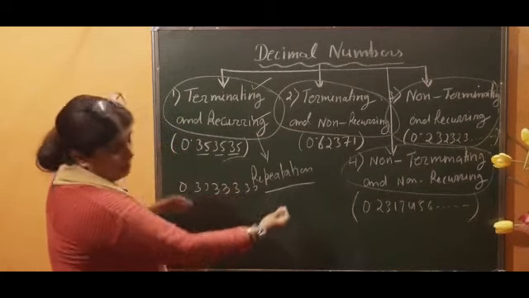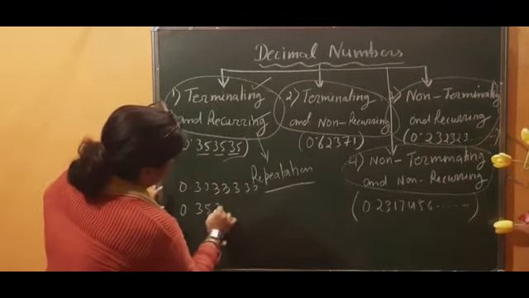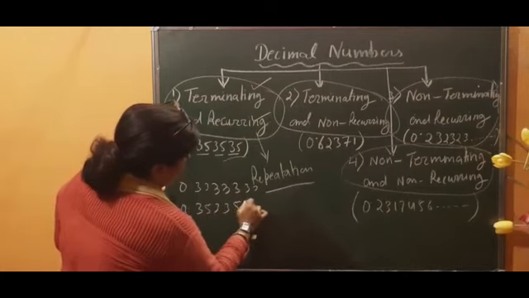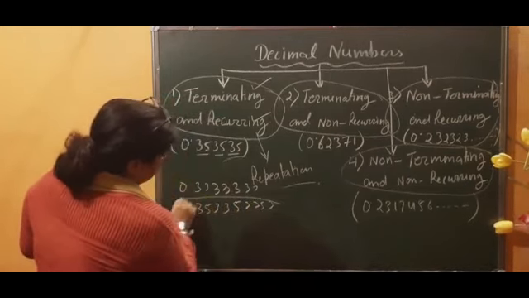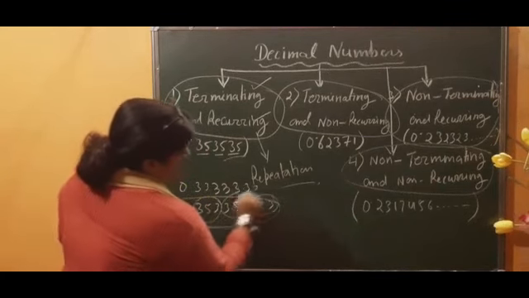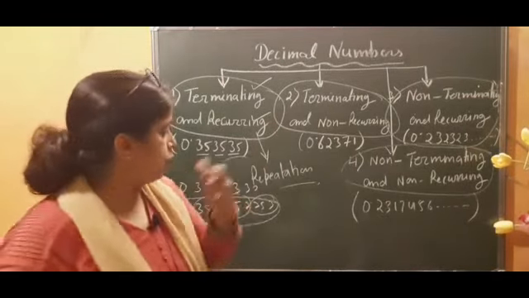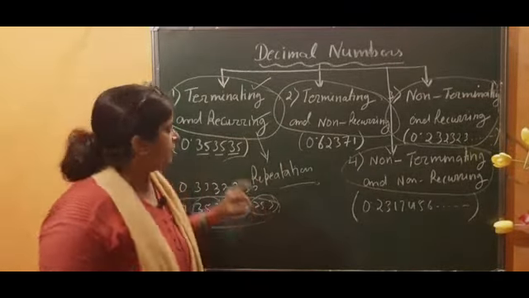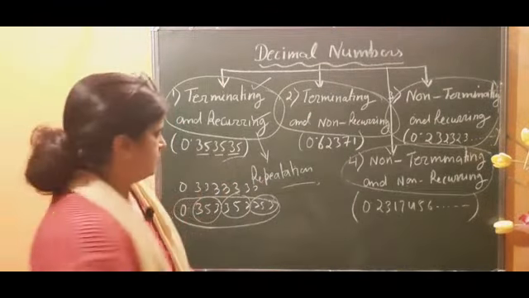Either the same digit repeats or after some interval the same group of digits repeats, like 353, 353, 353. So where after the decimal there is repetition of the same digit or a group of digits, that type of decimal is called a recurring decimal. I hope it is clear.